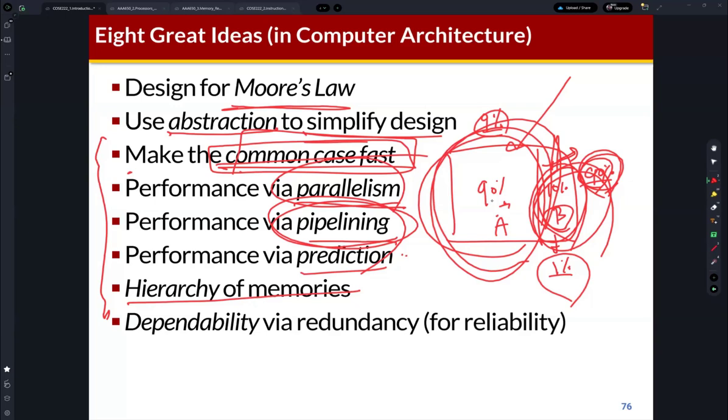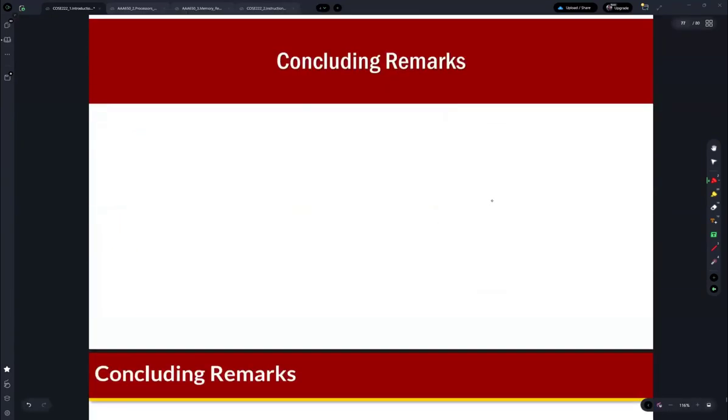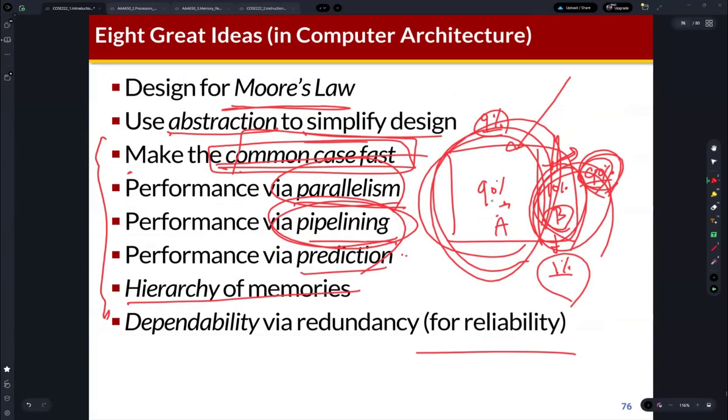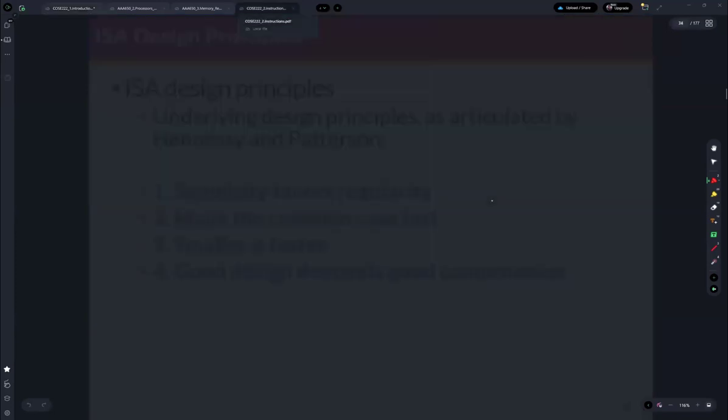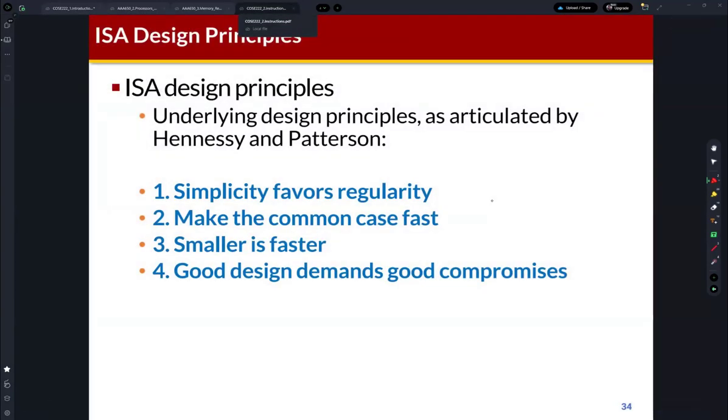And then dependability, redundancy. So it's a reliability issue. These are some ideas for developing better CPUs, or a better computer system. So this is the end of chapter 1.